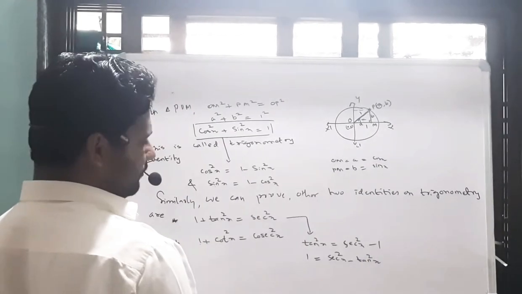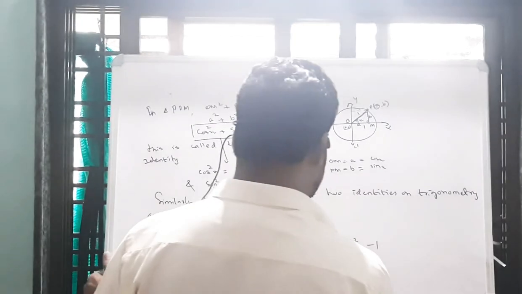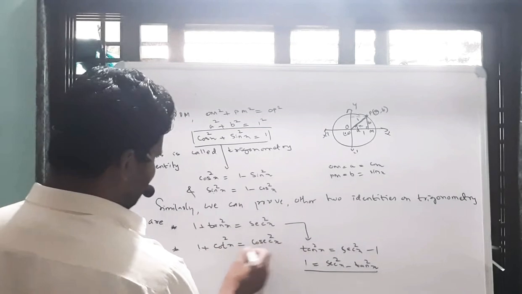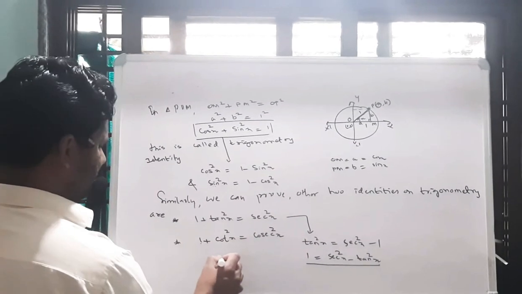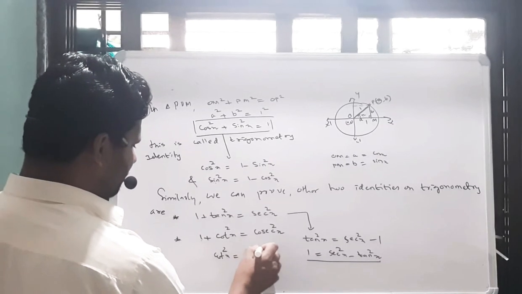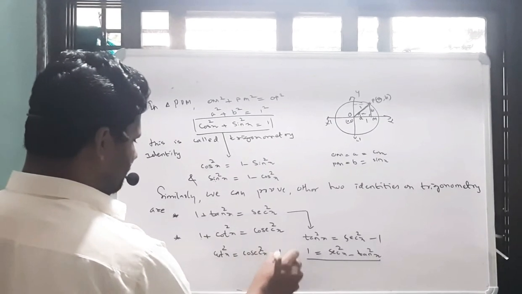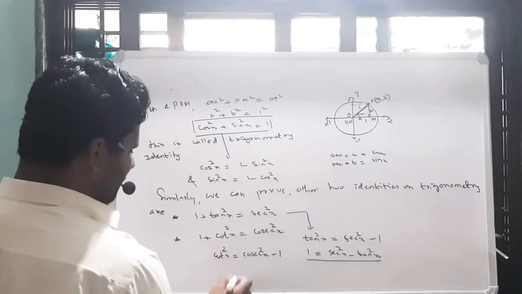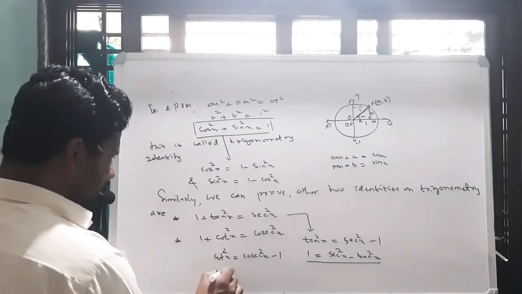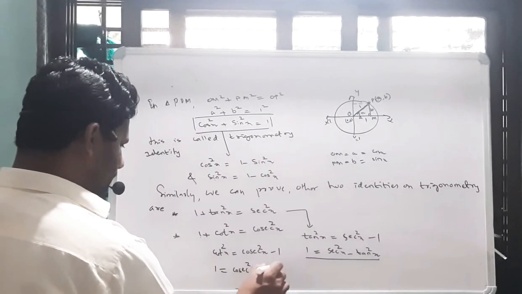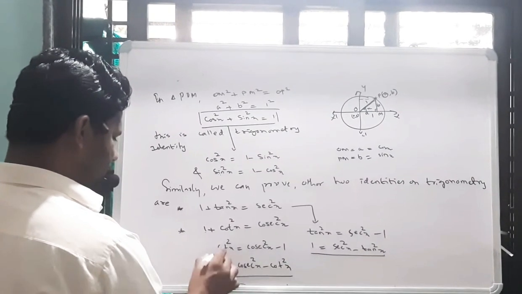Similarly, cot square x is equal to cosec square x minus 1, and also 1 is equal to cosec square x minus cot square x. This is also important.